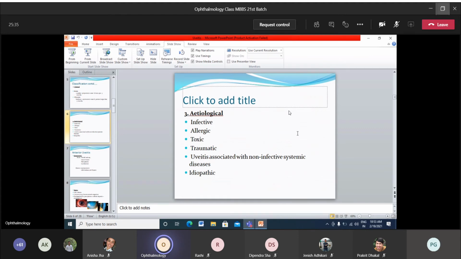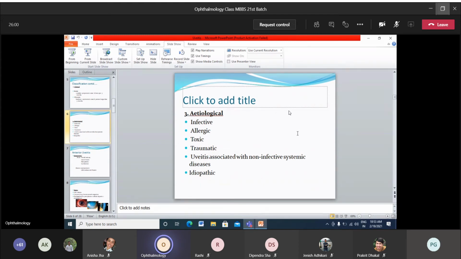Then uveitis associated with non-infective systemic diseases, and sometimes also idiopathic. So these are the classifications. One, you have the anatomical classification, then the clinical classification, whether it is acute or chronic, and the third one is the etiological classification.